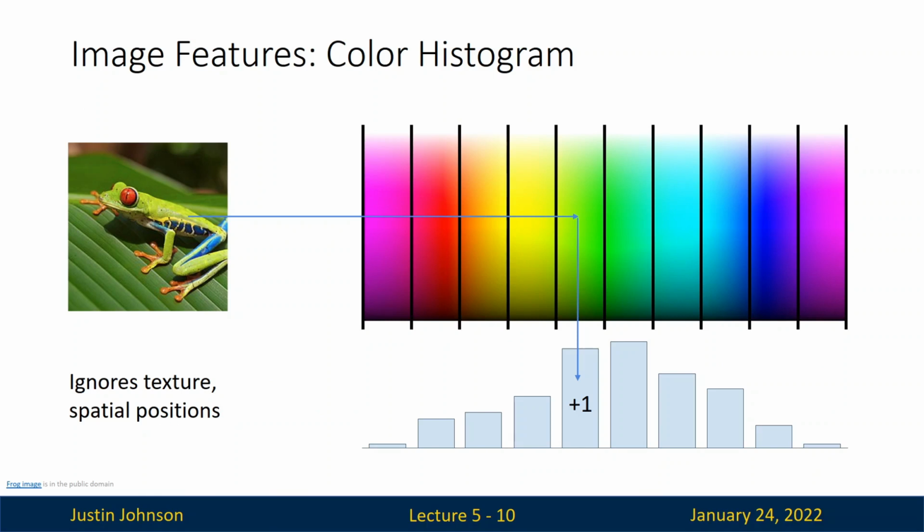For this frog and its background, the frog is green and the background is also green. So in the color histogram there will be many green pixels, and the bin of the green spectrum will be very high. So we can describe images using features like this. We usually call them low-level visual features because they are very basic.